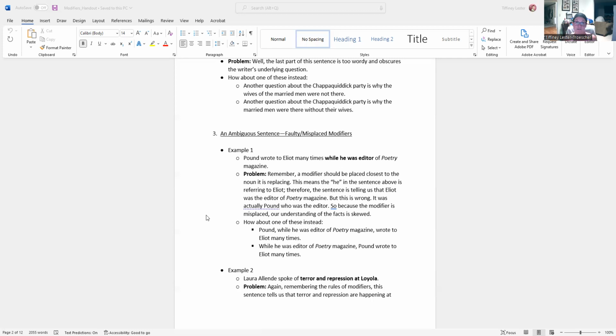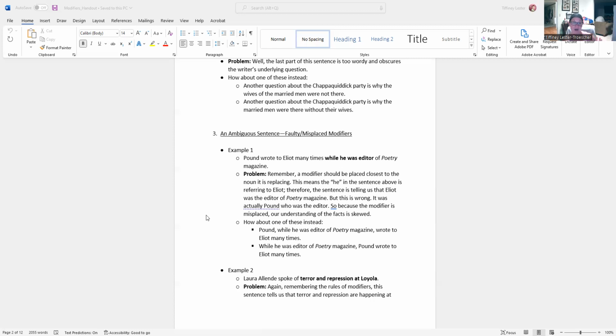In that case, what this sentence would be telling us is that Pound wrote to Eliot many times while Eliot was editor of Poetry magazine. But this is wrong because it's actually Pound who was the editor of Poetry magazine.